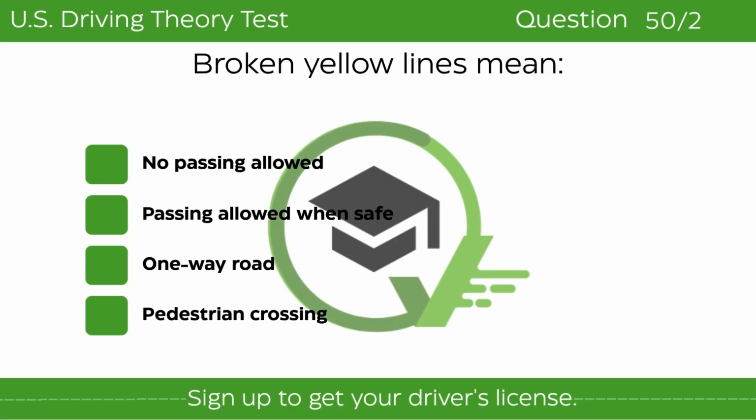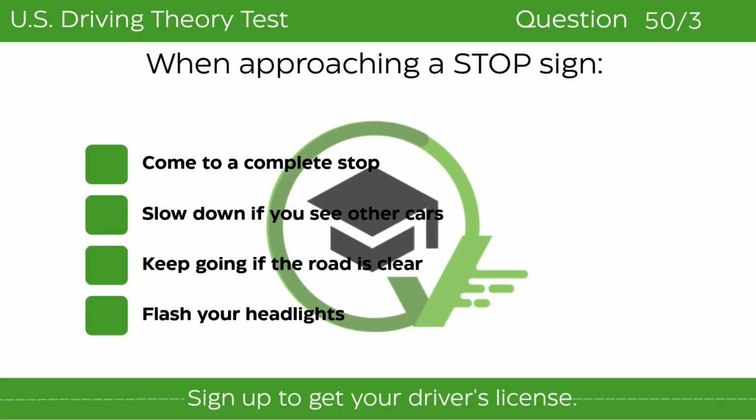Broken yellow lines mean B. Passing allowed when safe. Question 3. When approaching a stop sign, A. Come to a complete stop.